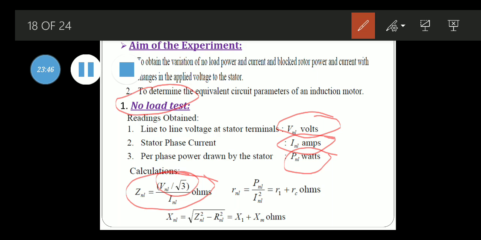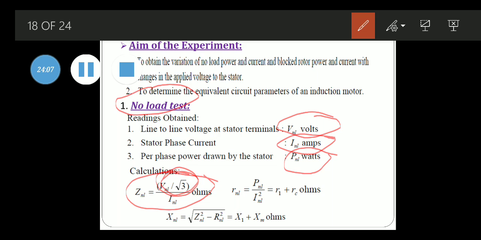You know, in star connection, the phase value of the current is equal to the line value of the current. The phase value of the voltage is the line value divided by √3, so ZNL is equal to VNL divided by √3 divided by INL ohms.